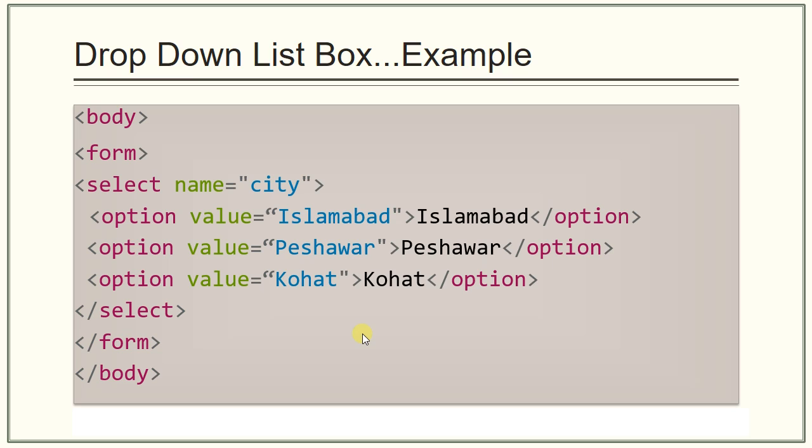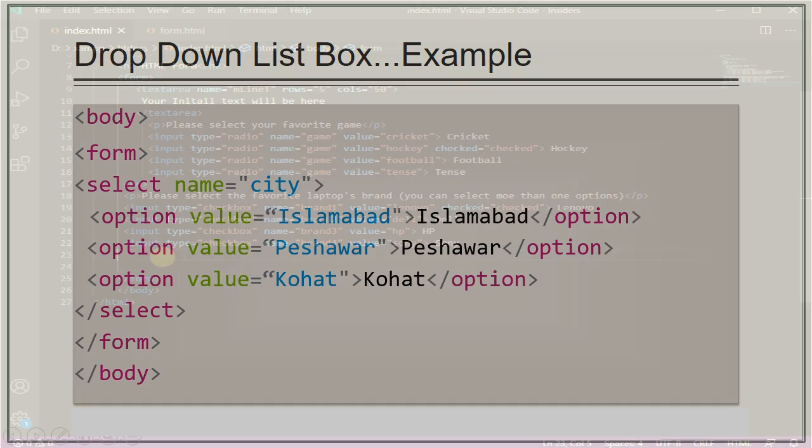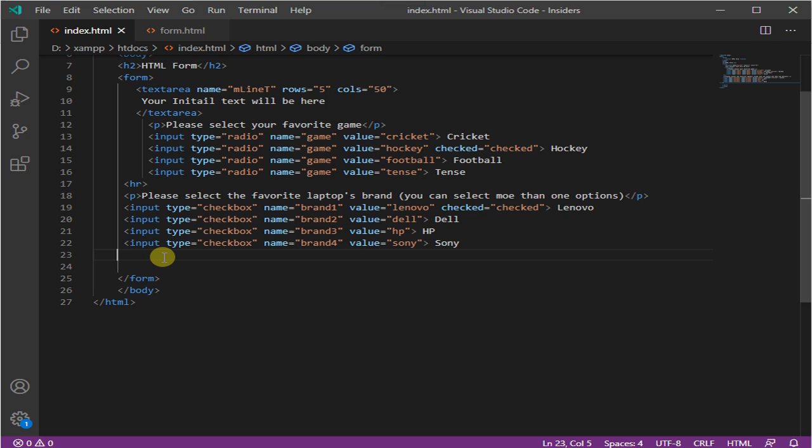Now to implement it practically for better understanding, let's add a drop-down list box to our code. This drop-down box will consist of names of different cities.